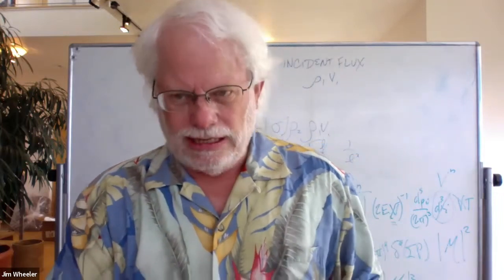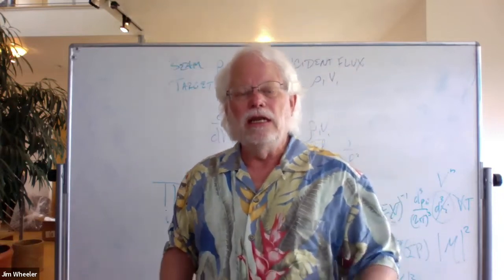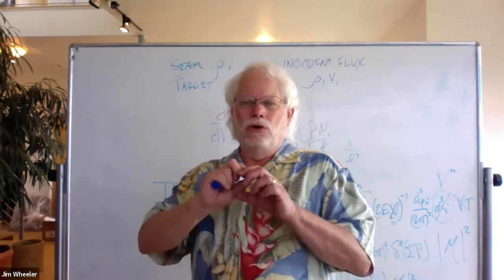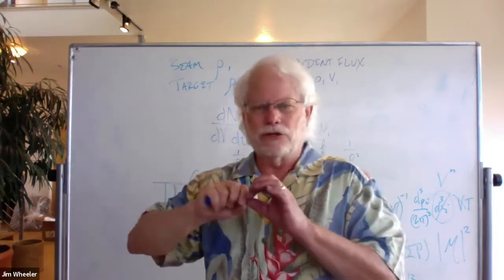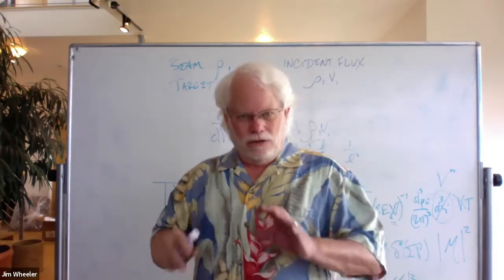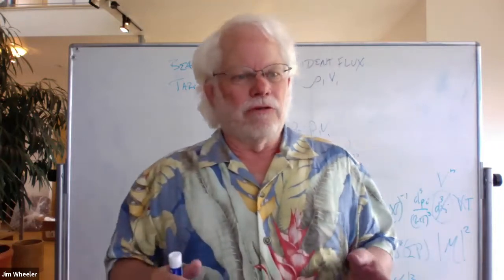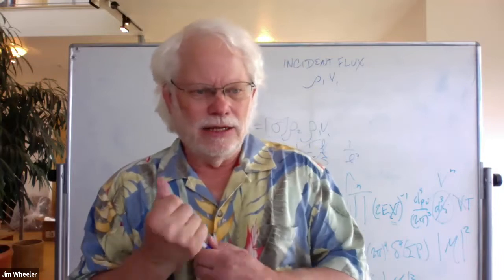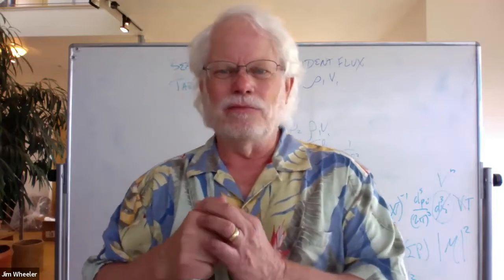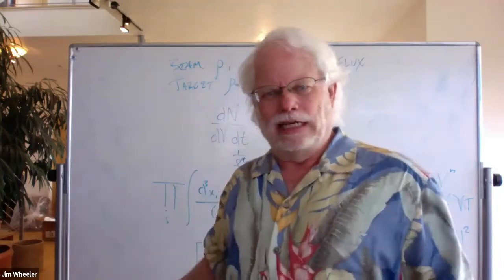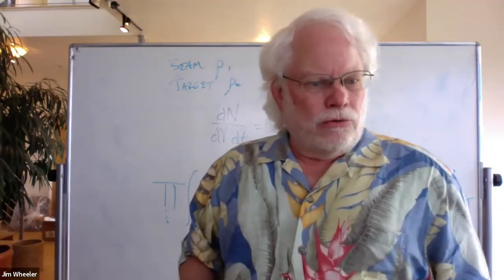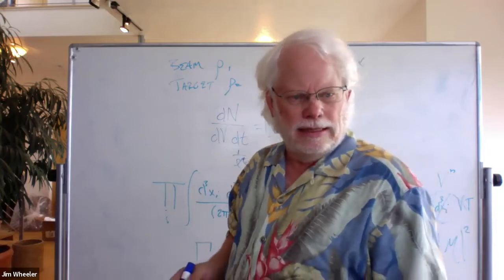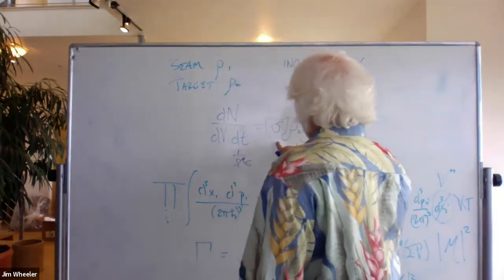Now, we're interested in more than the total cross section. We're ultimately interested in the differential cross section. So what is the probability for scattering through this or that angle? We'll get there. First, we write an expression for the total cross section, and then from that expression it's easy to see how to make it differential.